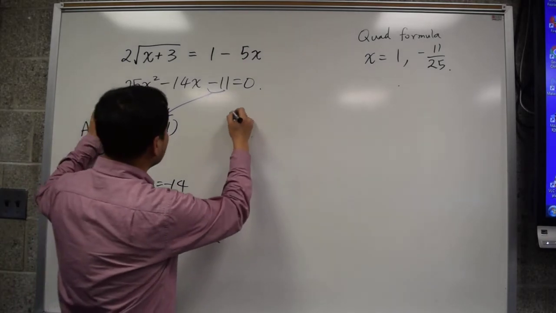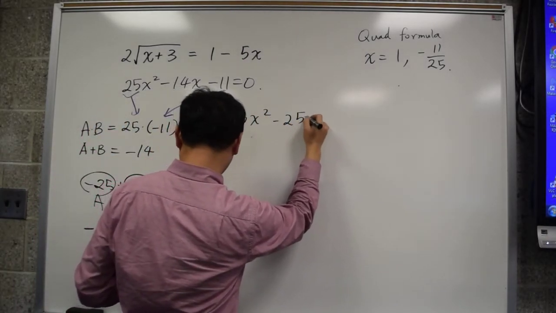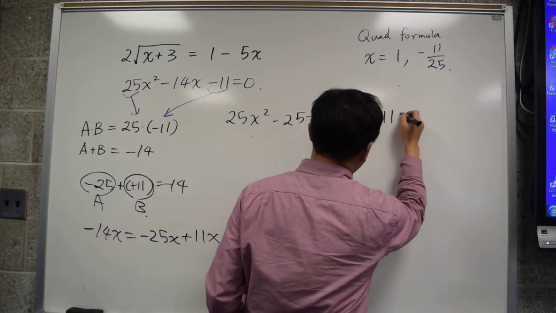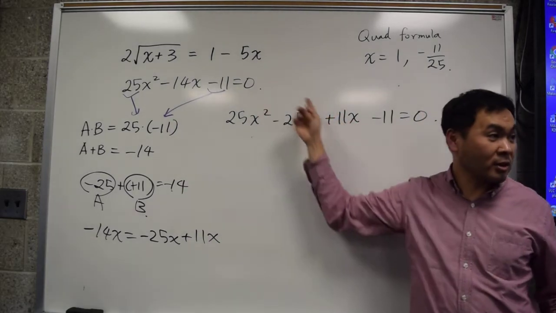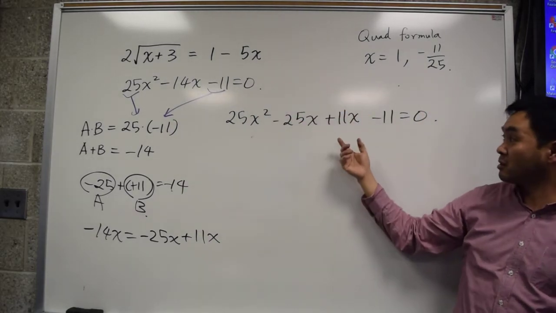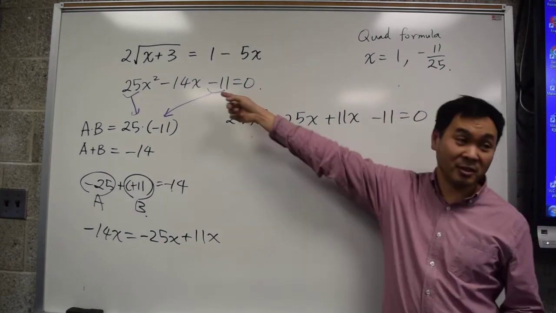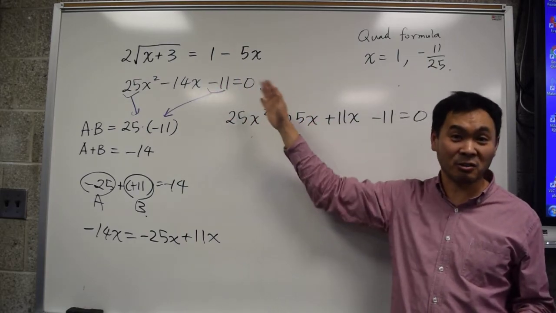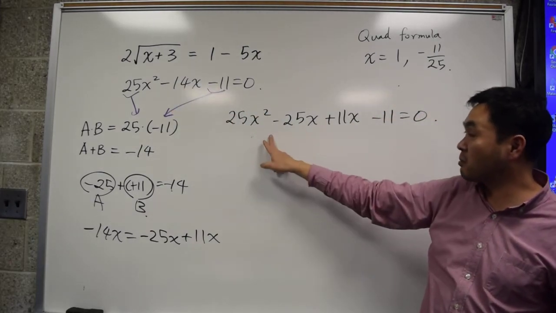So you have 25x squared minus 25x plus 11x minus 11 equal to 0. And compare these two. They're exactly the same polynomial. It's hard to go from here to there, but if you simplify this, you get there, right? You're making things more complicated before it gets better. So you're making the middle number become a longer expression.